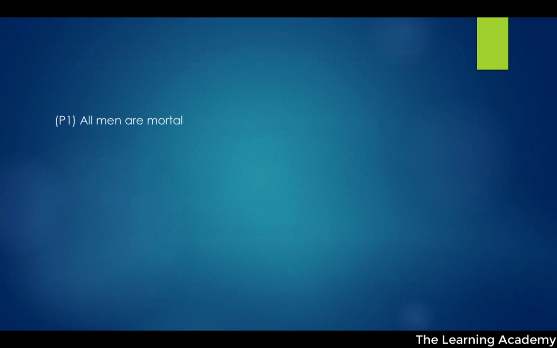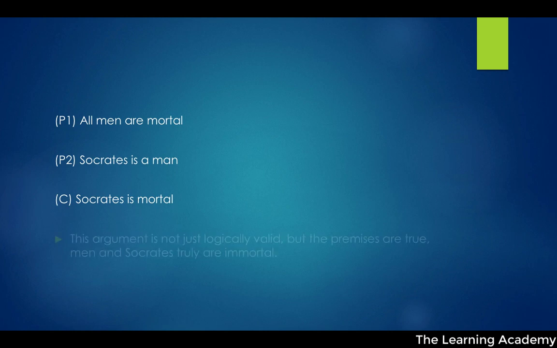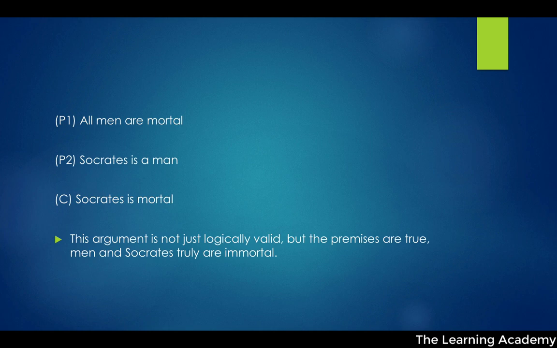We could say that all men are mortal and that Socrates is a man, and so therefore Socrates is mortal. This argument is not just logically valid. We've already noted that this is what we call a syllogism. It has an umbrella premise, the first premise, and then a specific reference premise, one where it places an individual entity within this umbrella premise, and so therefore we conclude whatever the umbrella premise is saying.